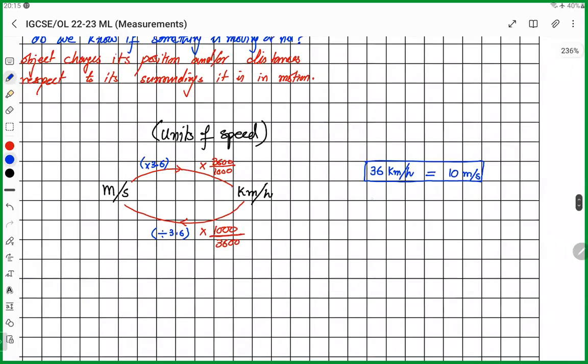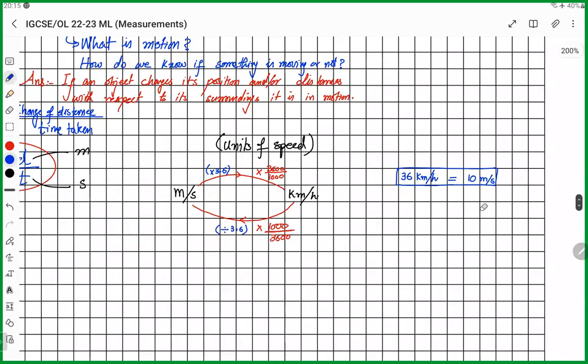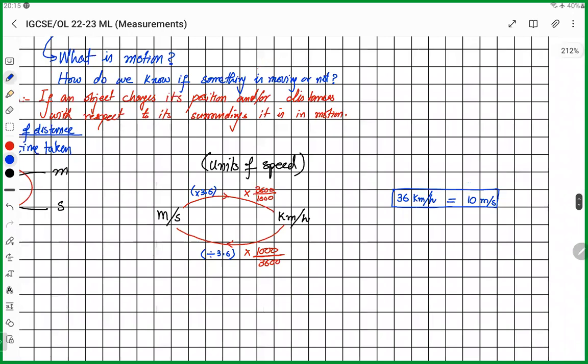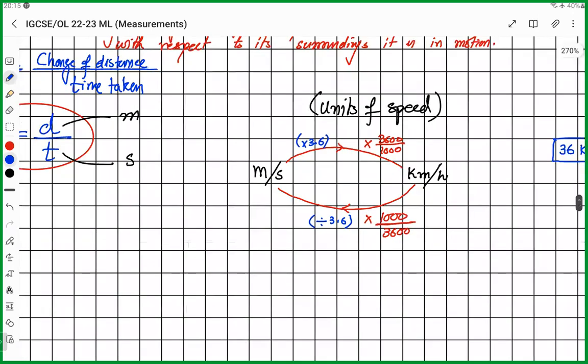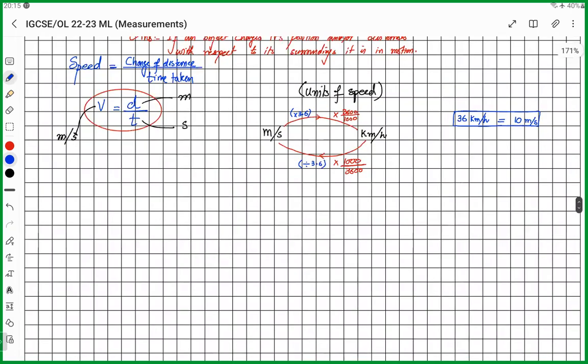For example, x kilometer per hour and y meter per second. You can write them like this and then cross multiply and find out any missing value. So if you remember 36 kilometer per hour is 10 meter per second, or you remember these factors, you can convert meter per second to kilometer per hour. Very rarely have I seen this kind of question appearing in exams.